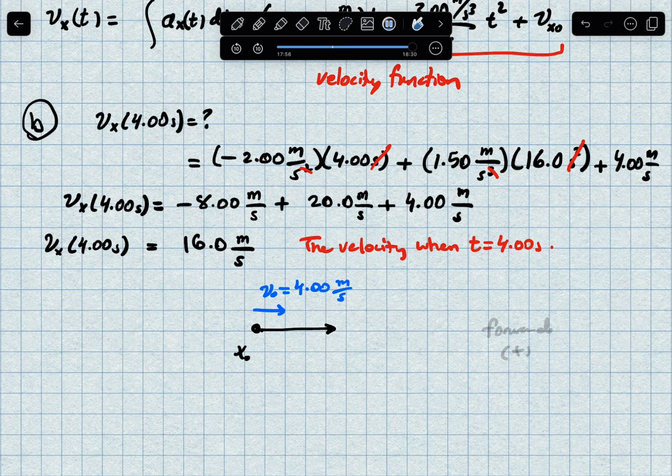Whatever direction this side is, let's just say forward. So after 4 seconds, it is still moving in that direction, because forward takes a positive value. Therefore, our answer was positive as well. So the particle is moving in the same direction.